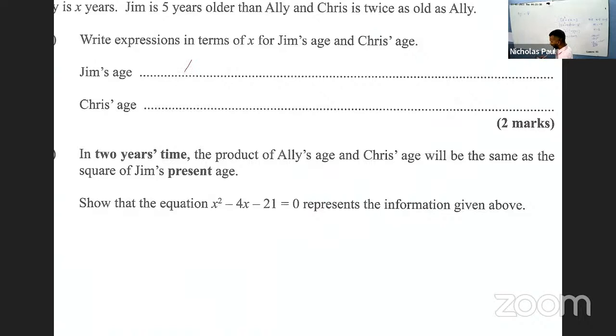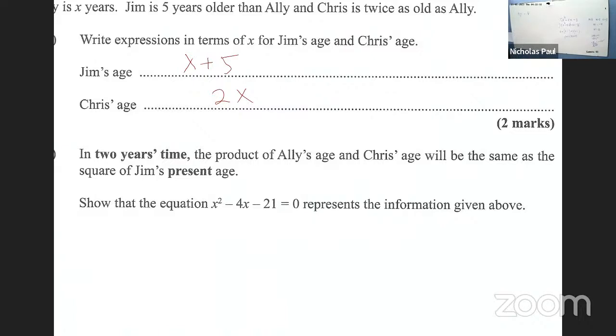The answer was x plus 5 and 2x, right? In 2 years' time, the product of Ali's age and Chris's age will be the same as the square of Jim's present age. So I want you to try taking all the information and see if we can get that equation.